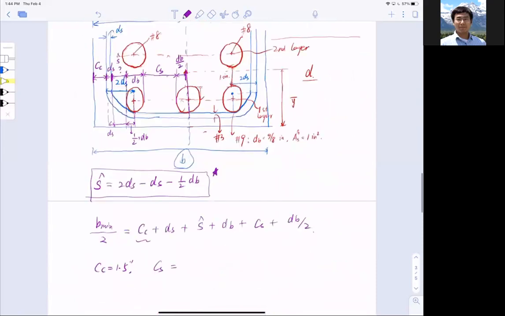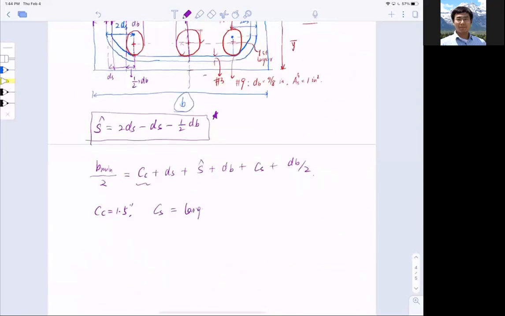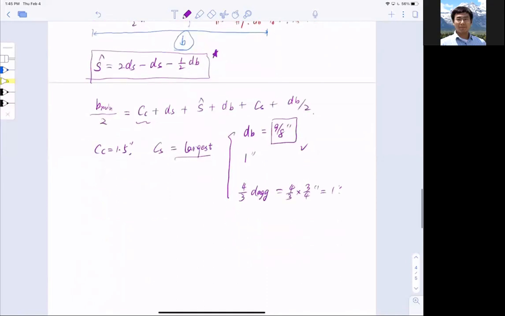It's going to be the largest of the diameter of the bar, 1 inch, and 4/3 dagg. Now, the diameter of the bar is 9/8 inch. That is more than 1 inch, no need to calculate further. 4/3 dagg is 3/4 inch. So the largest, the dominant one, is dB. So CS equals dB.